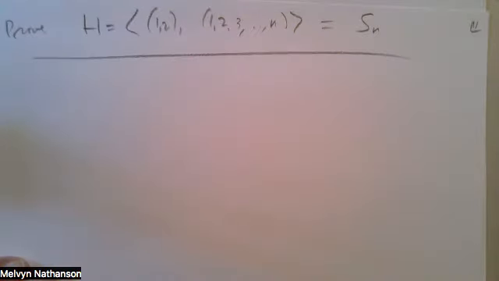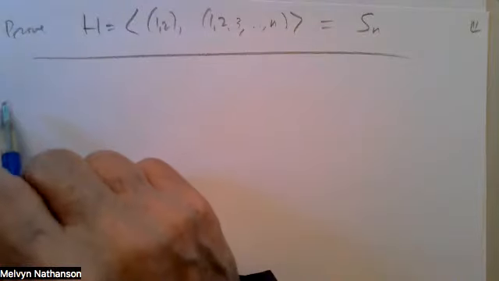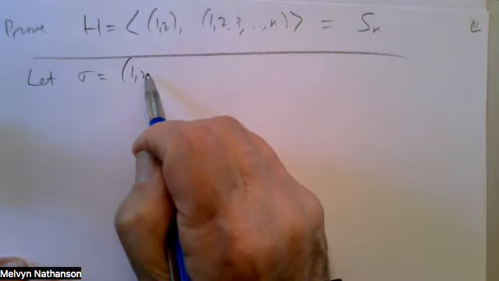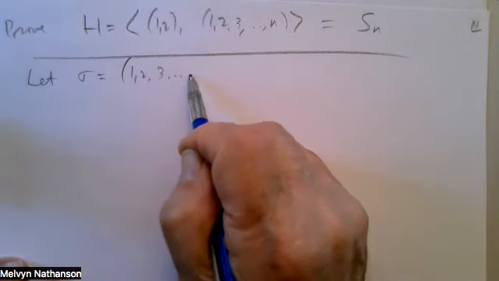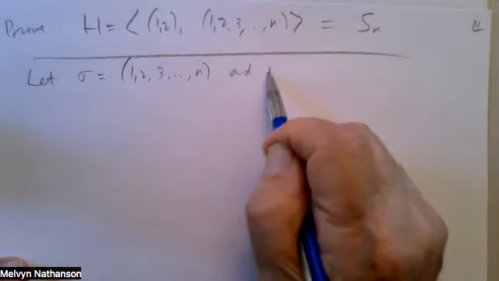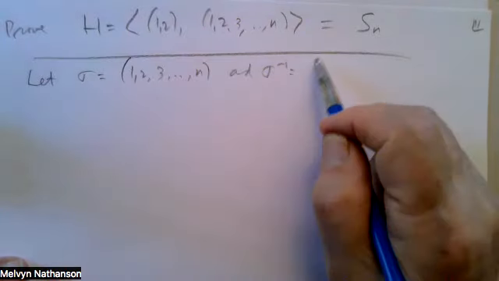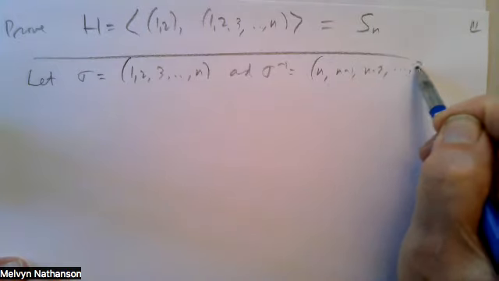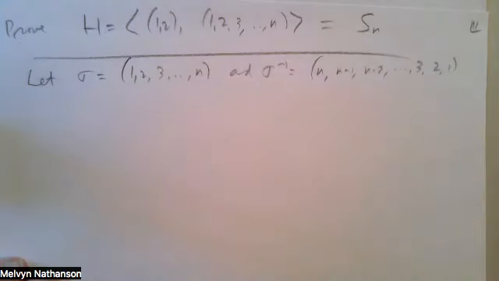That's what we want to prove. So let's say that we let sigma be this permutation, and sigma inverse just reverses it. So n goes to n minus 1, goes to n minus 2, down to 3 to 2 to 1. That's sigma inverse.